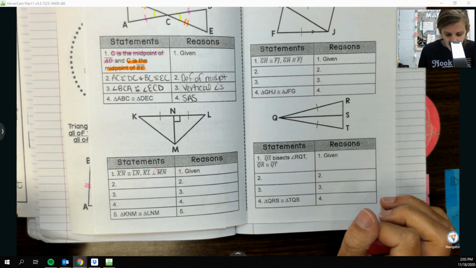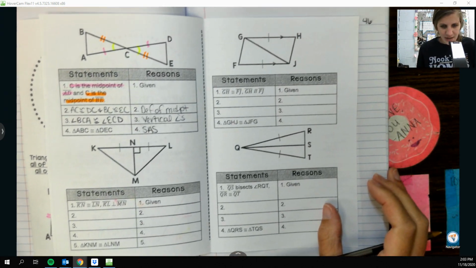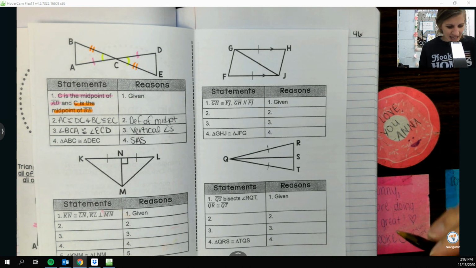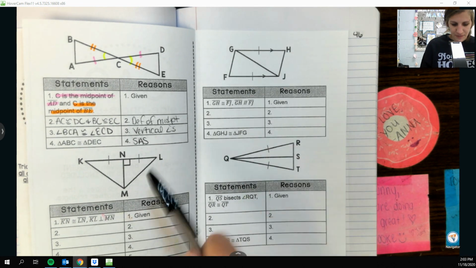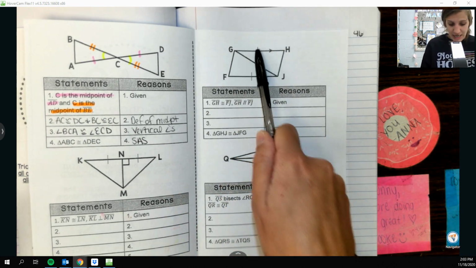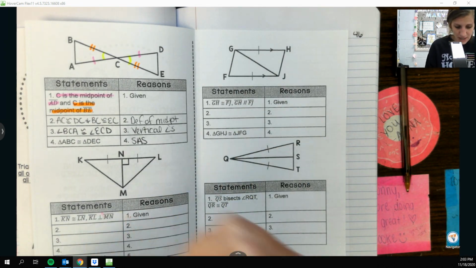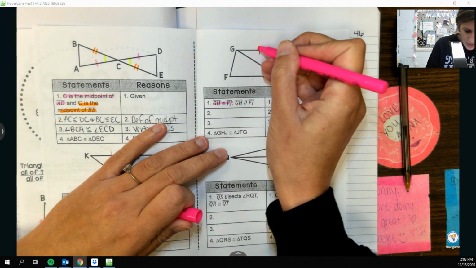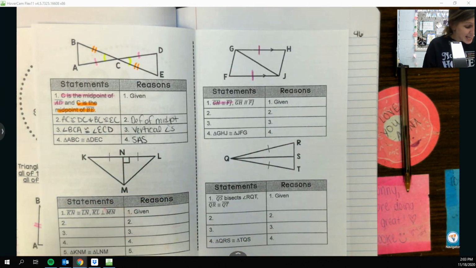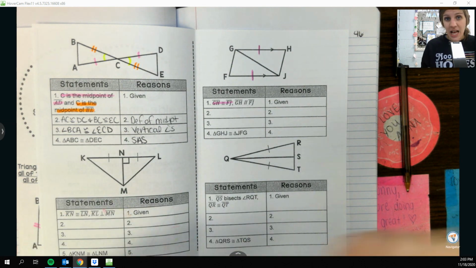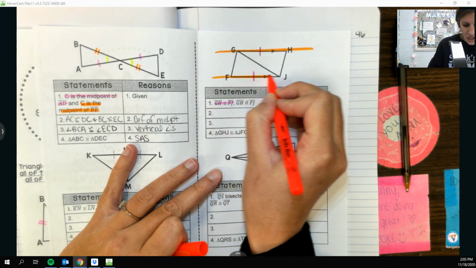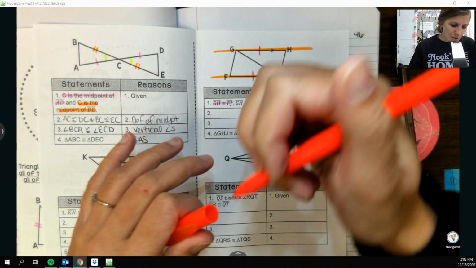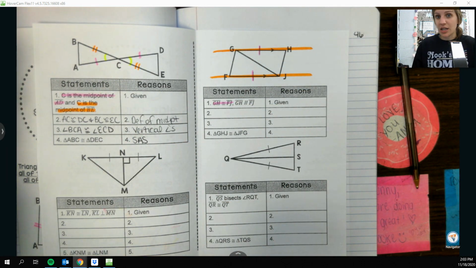Okay, another one. Let's do this parallel line one next. So they've told me that GH is congruent to, that was actually the first thing that they told us, this congruency with the little tick marks. But then they also tell me that GH is parallel to FG. And so when I have that, I do have to pick a transversal.